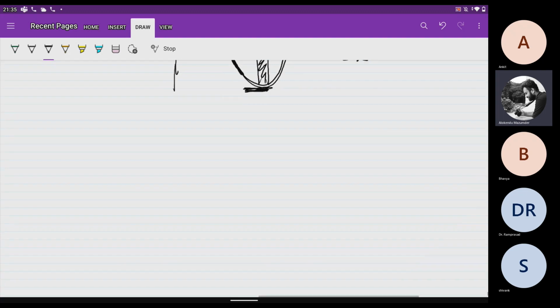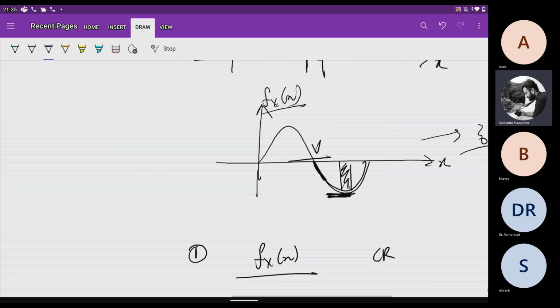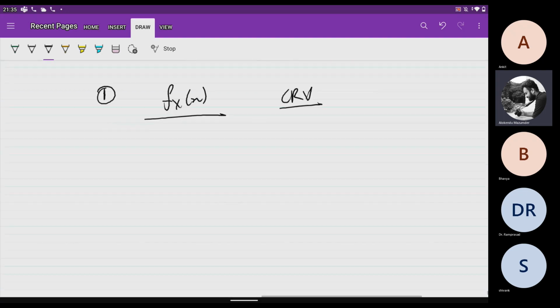And yes, we will quickly define some properties. Property number 1. If f(x) is a PDF for a continuous random variable, let me compute a probability between two points a and b.